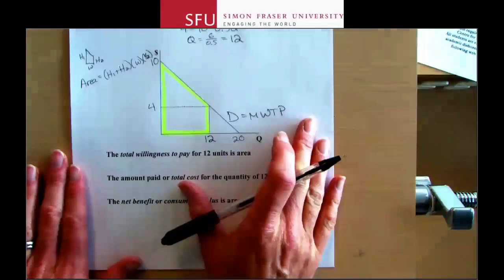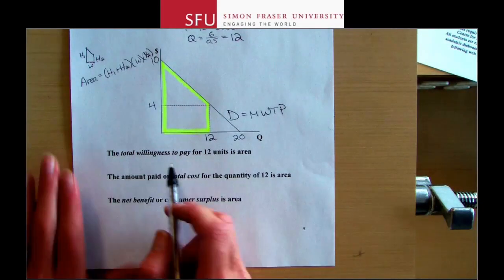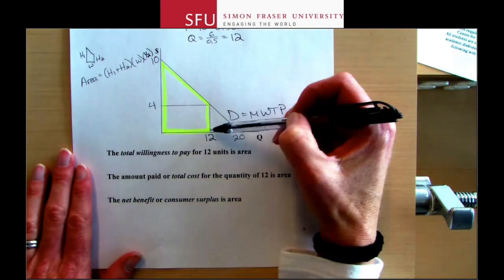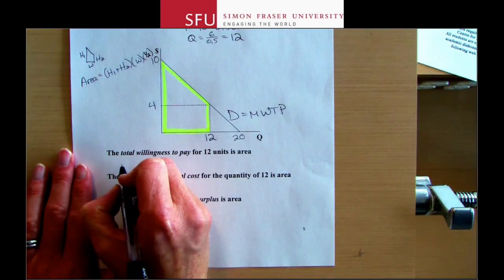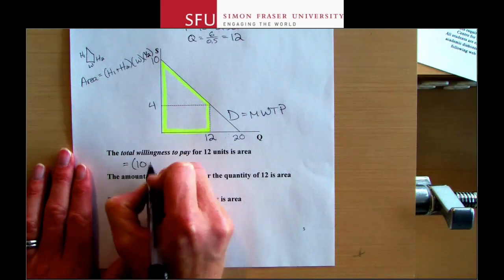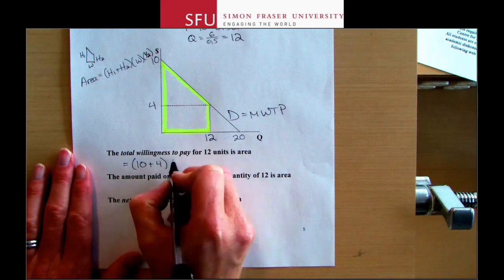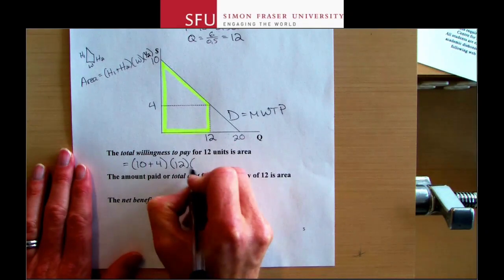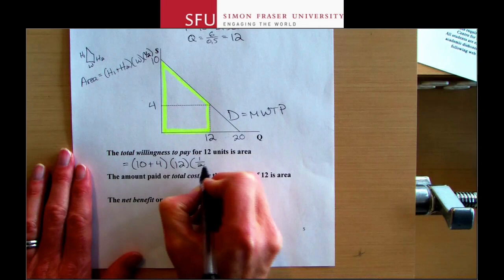Okay, so let's do that for here. So total willingness to pay, height 1 is $10, height 2 is $4, and then times the width, which is 12, and then times 1/2. I'll write it like that instead.